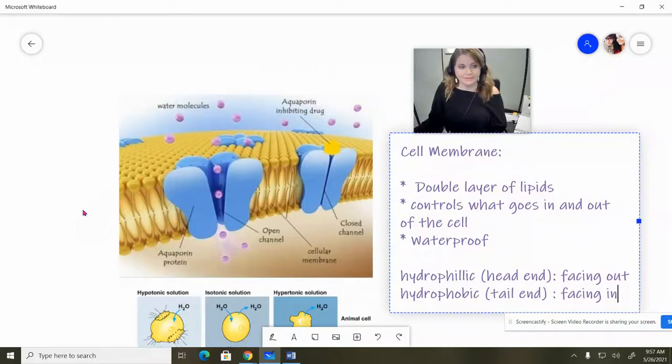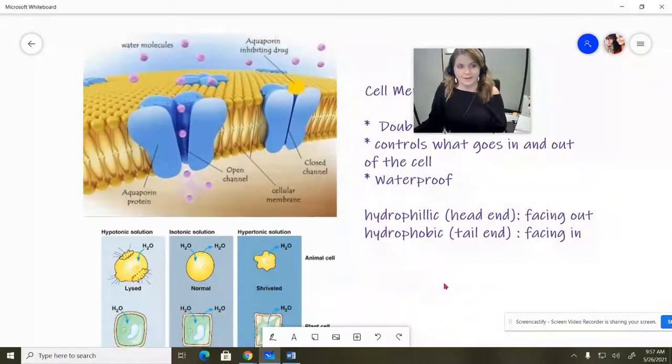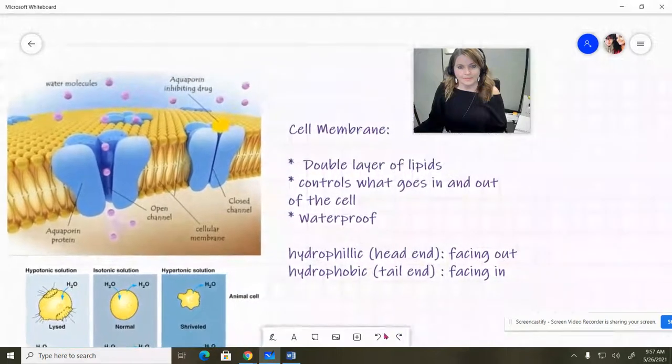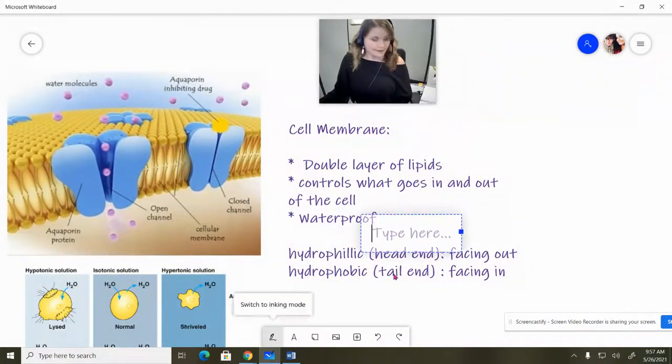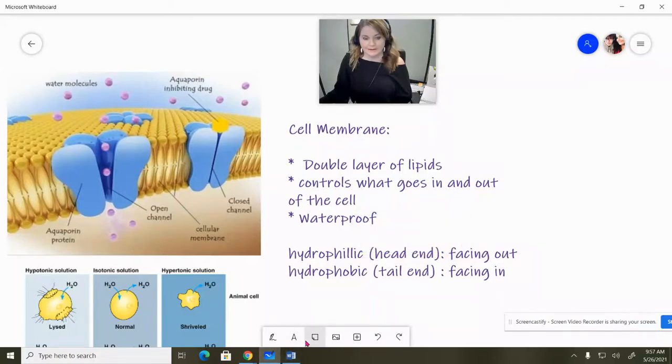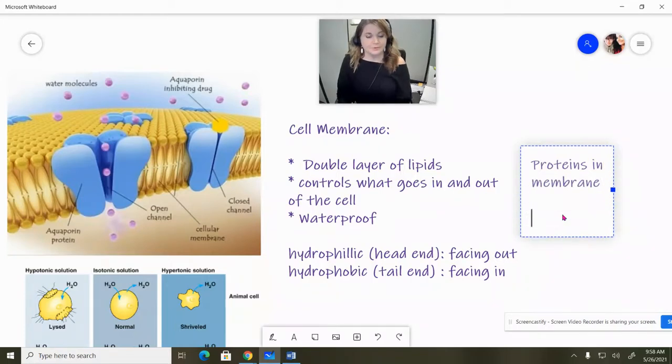Some other things in the structure of our cell membrane: we also have proteins that are embedded in our cell membrane. These proteins have different functions.